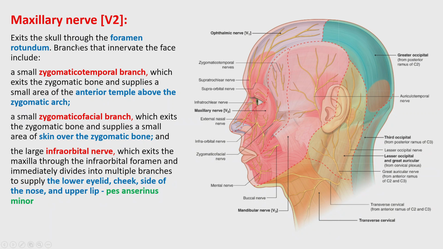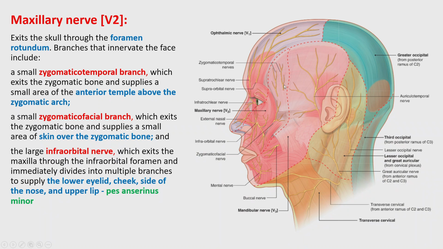The maxillary nerve gives several branches that are innervating the sensitive innervation of this part of the face, as you see, mainly the area of the upper jaw. It passes through the foramen rotundum and goes to the pterygopalatine fossa, as we said.